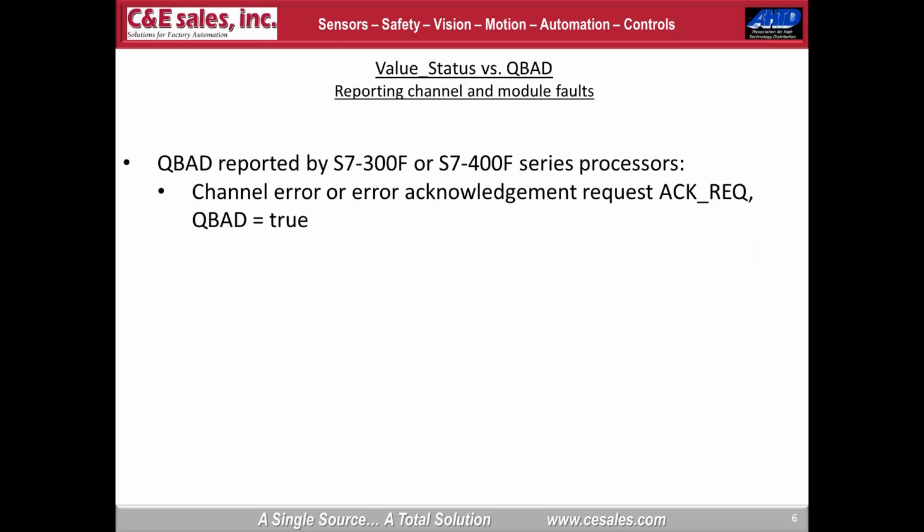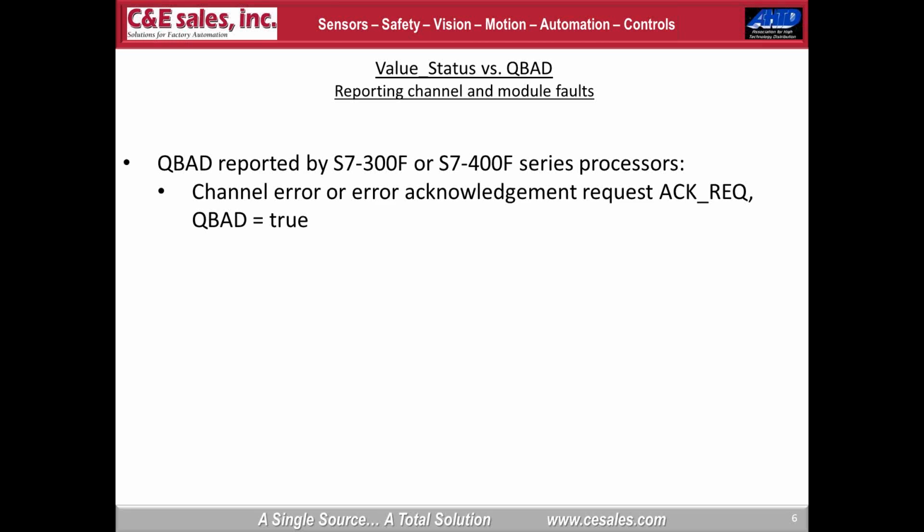One of the changes that came about with the introduction of the S7-1200 and the S7-1500 processors in the TIA Portal was changing from what had been used in the past with the 300 and 400 processors, a QBAD bit, to what's called a value status bit. QBAD designates a module or a channel error.